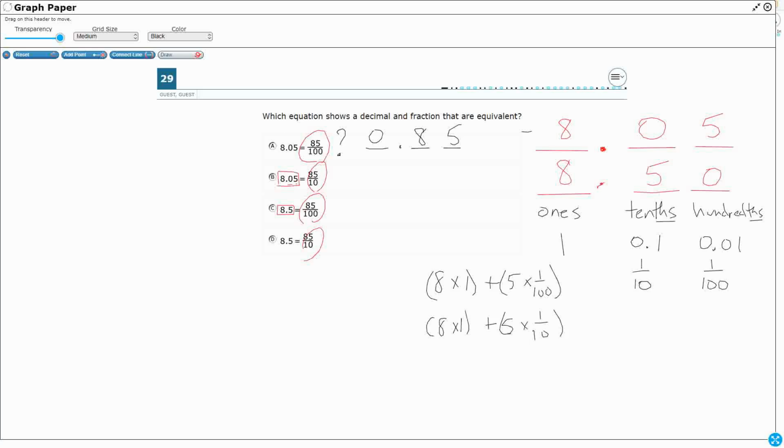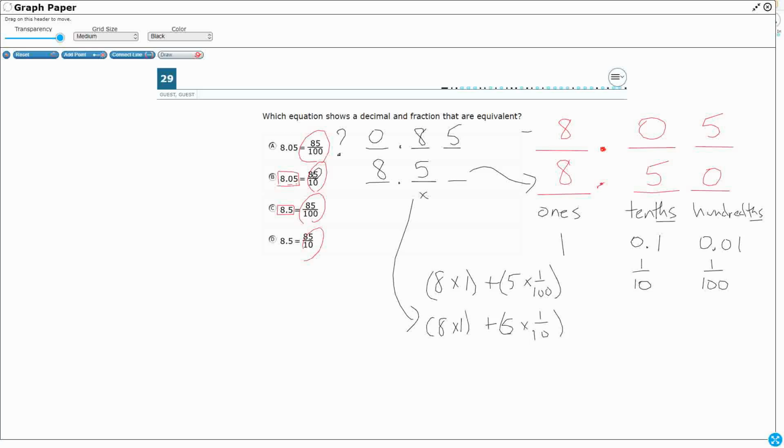Okay, so this 85 tenths, let's see. How do I write 85 tenths? Because the tenths is right there. So what we do is we put the last digit in that spot, and then the 8 spills over. So 85 tenths looks like 8 and 5 tenths right there.